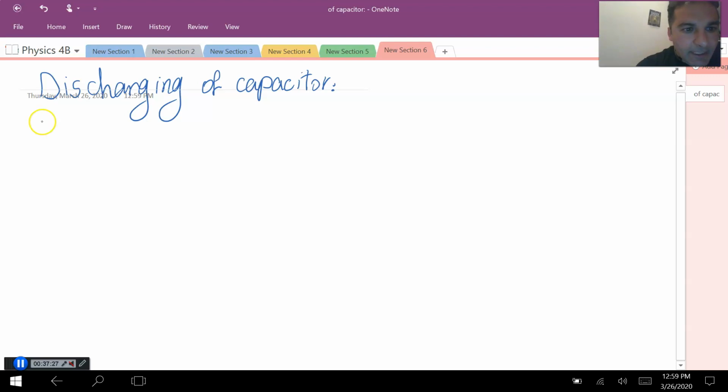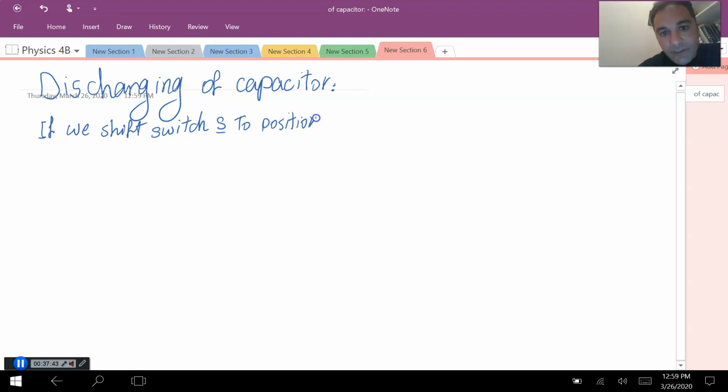Here, if we move switch S to position B from A, okay?